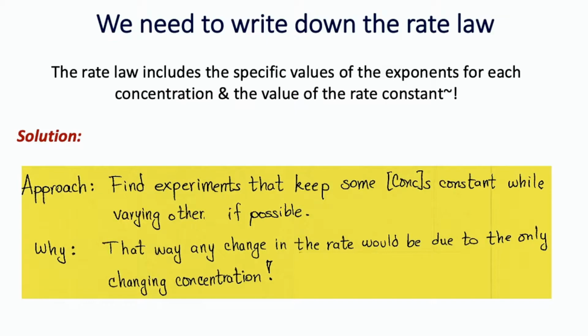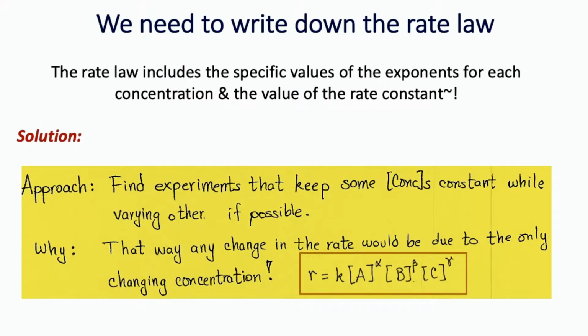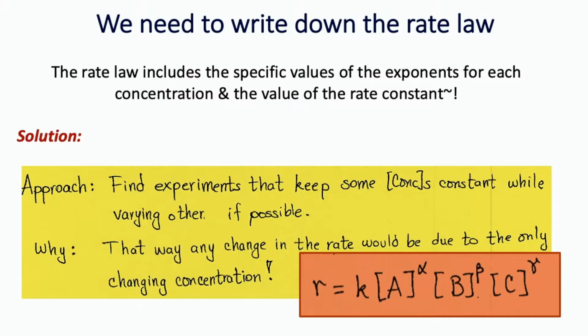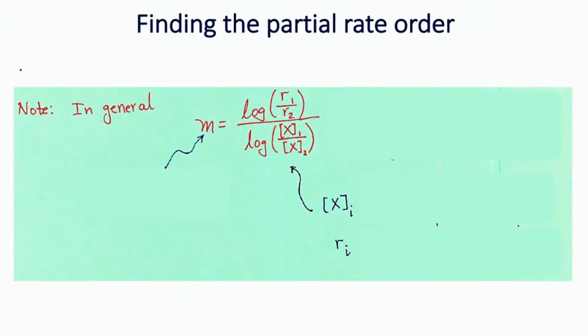Why are we doing this? Because that way any changes that we observe in the initial rates are only due to the changing concentration. The other ones are kept constant, so they don't have an influence on the rate. So at the end, I will be able to write down the rate law with the right numbers for the partial rate orders for my components, alpha, beta, and gamma.